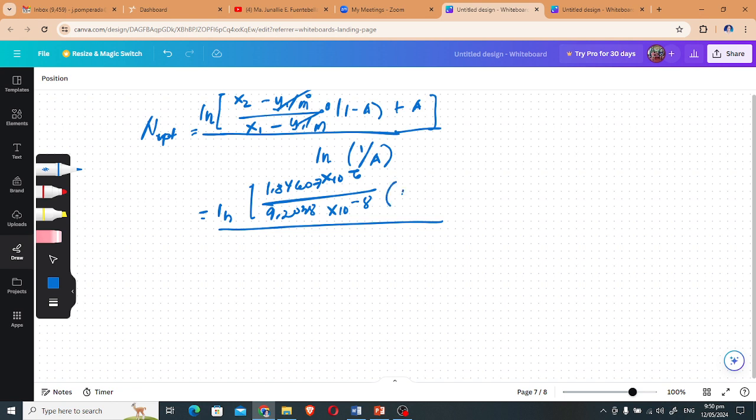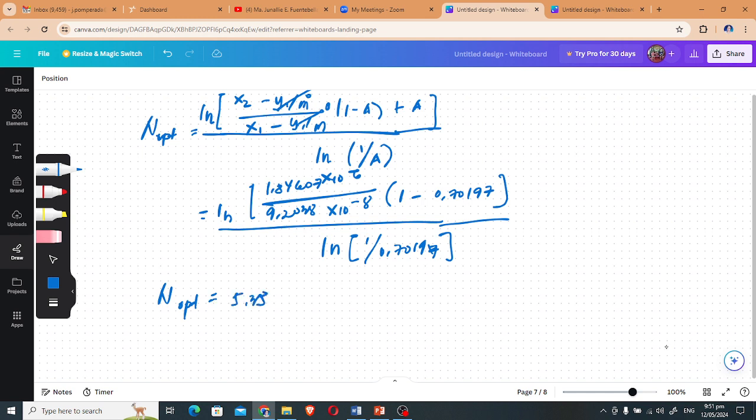And then we multiply it with 1 minus the 0.70197 for the gas absorption factor geometric mean. And here in the denominator, you have ln of 1 divided by 0.70197. So your n optimum in this case is 5.3593 stages.